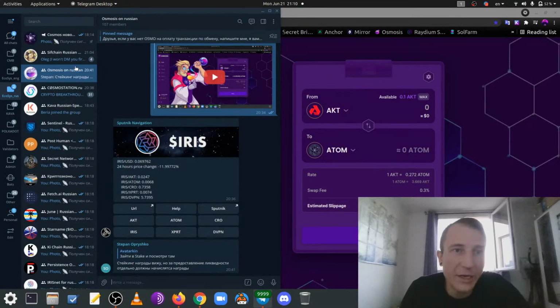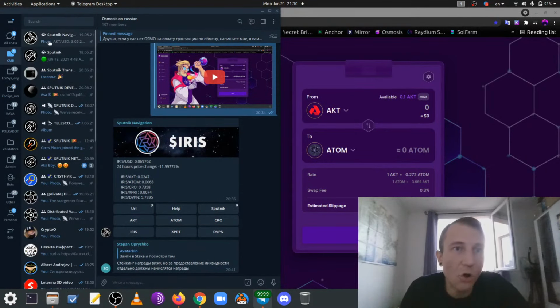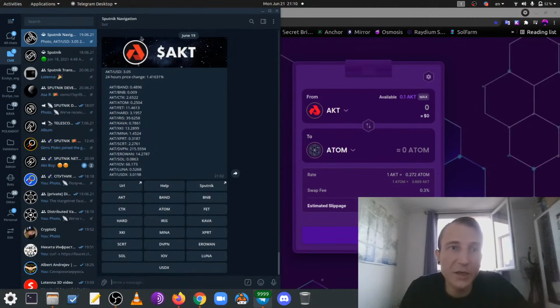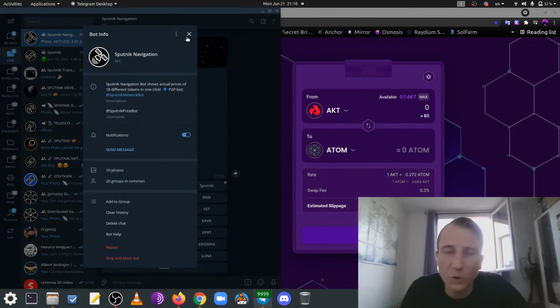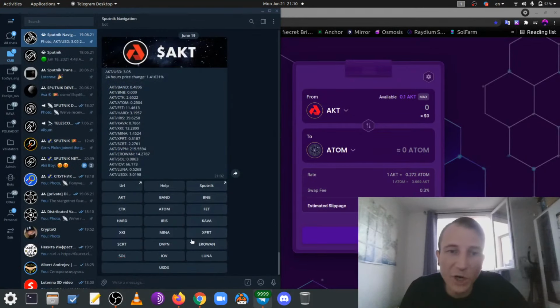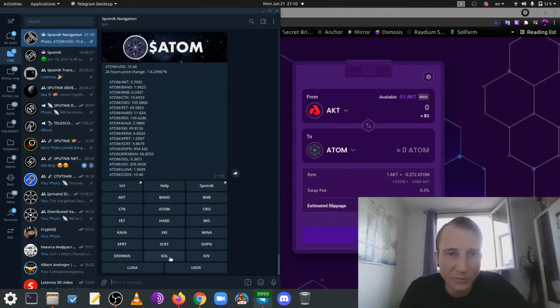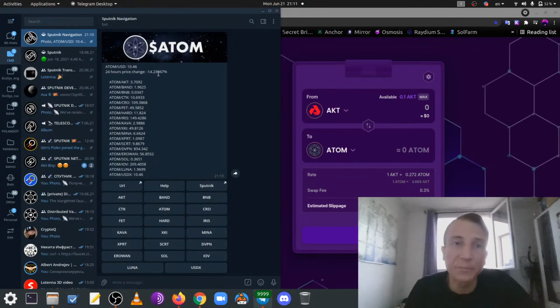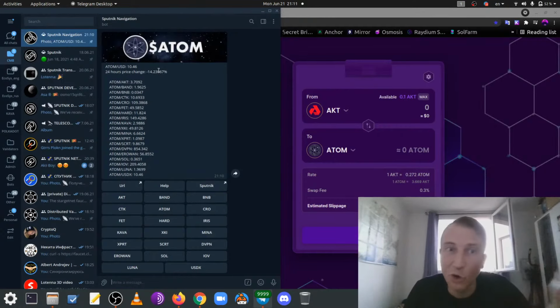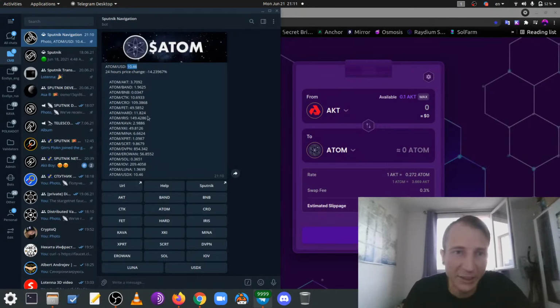And for this we have the beautiful bot called SputnikNavigation. If you come to the SputnikNavigation bot, you will find the link. You can just click atom. And this bot will show you the prices directly from CoinGecko, and you can see that now the middle market price from all exchanges of atom by CoinGecko is 10.46, and we can find atom to Akash.